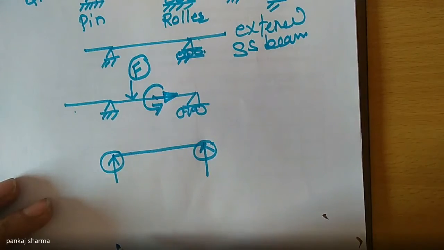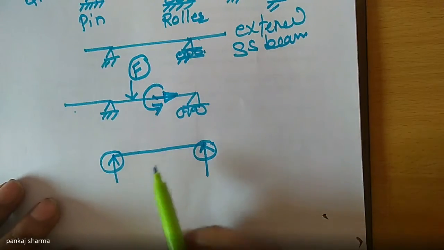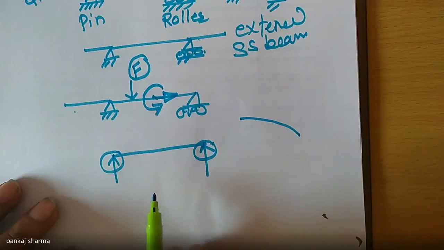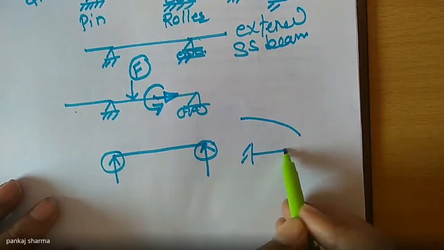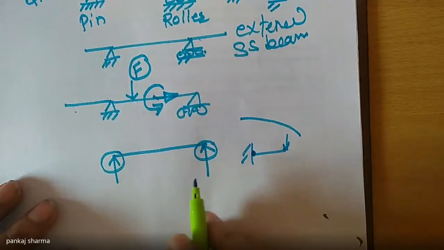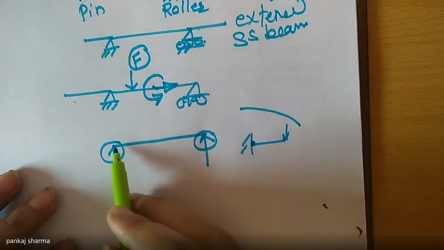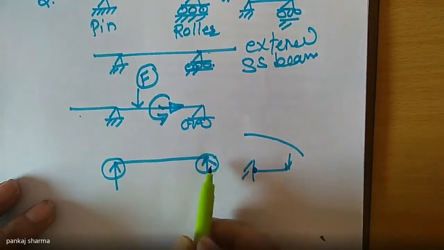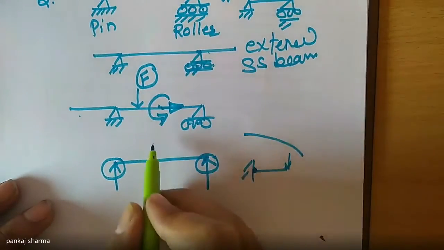So it is not a structure, right? Due to this vertical load, the beam would just deflect like that. In the cantilever beam it is not so, because it is rigidly supported. But these are not rigid supports. So two vertical reactions must be there.